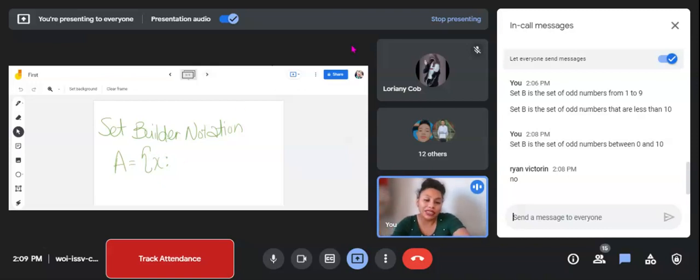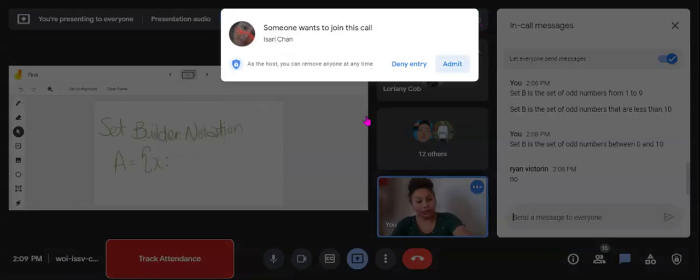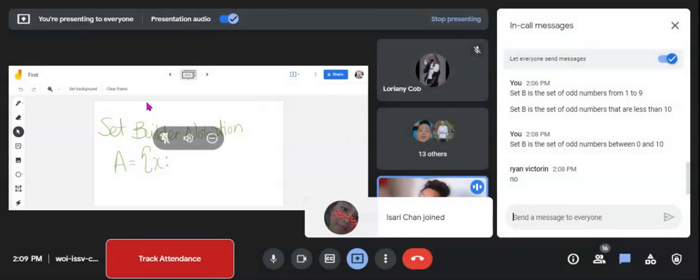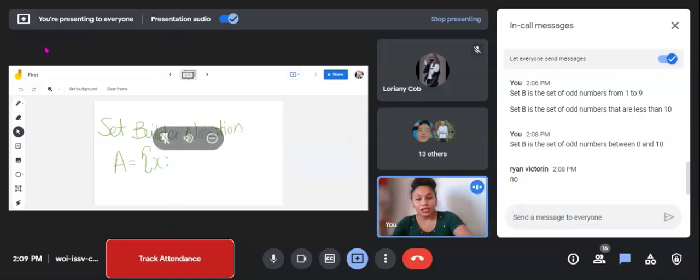But in most cases, usually in math, we use the letter X. We use a letter to represent the numbers that are inside of the set. So in this case, we can use X, you could use S, you could use A, you could use any letter that you want. But in math, they prefer to use the letter X. When you're talking about algebra, solve for X. So X is one of the most common letters to use.